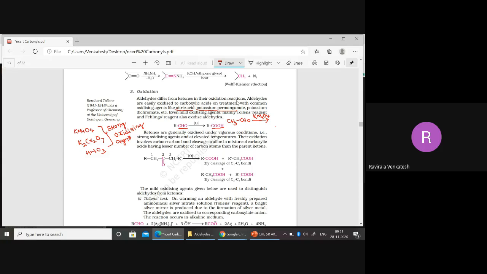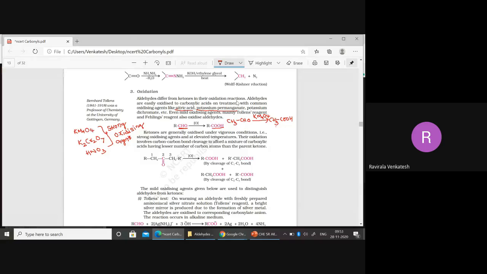Here R is CH3, CHO converts into COOH. What is it called? Acetic acid, or ethanoic acid, right?